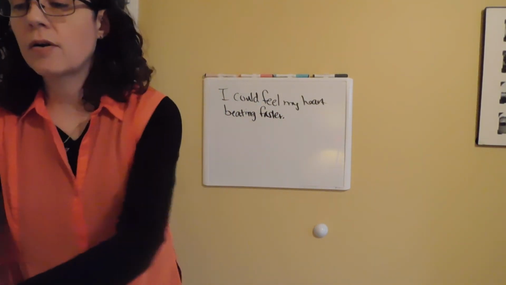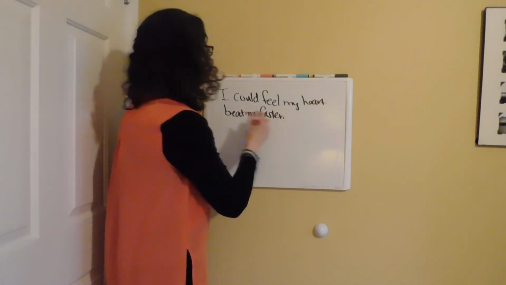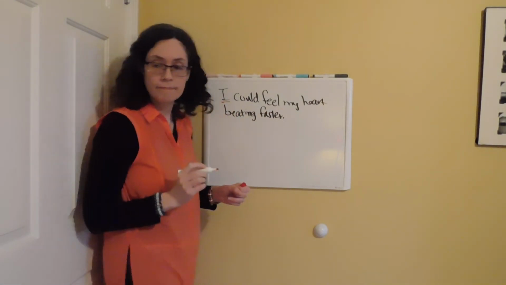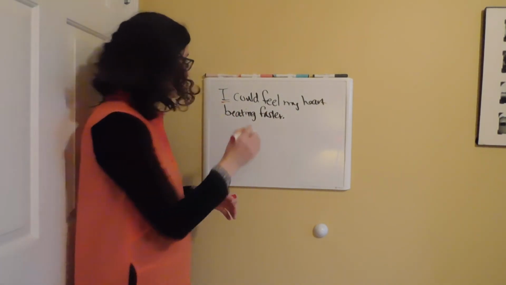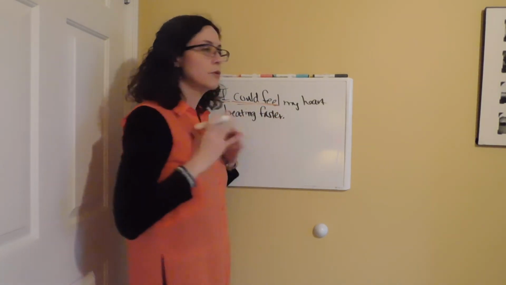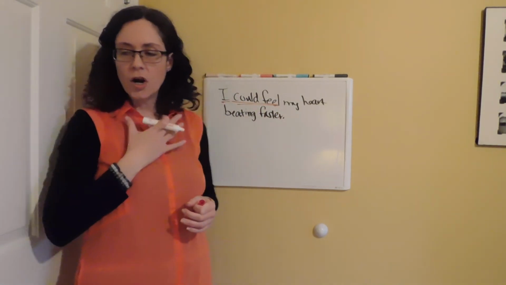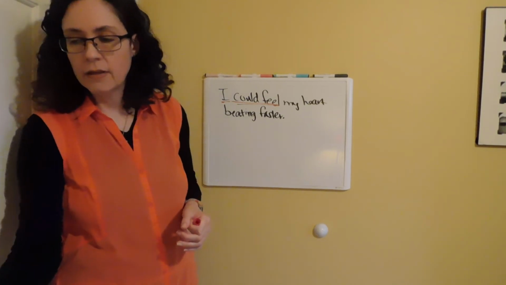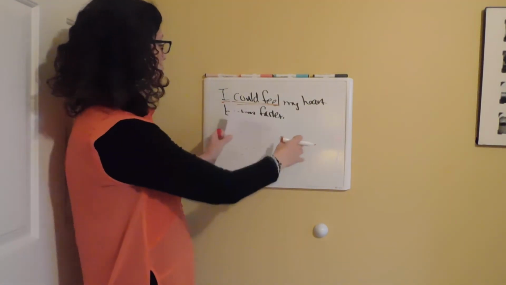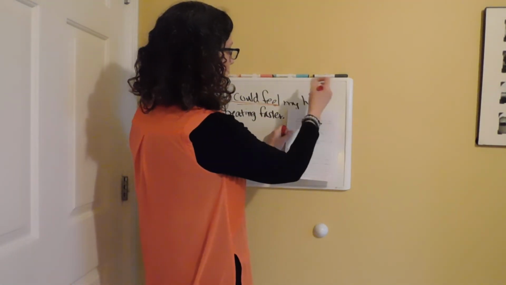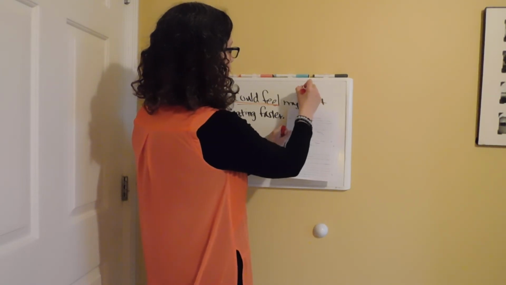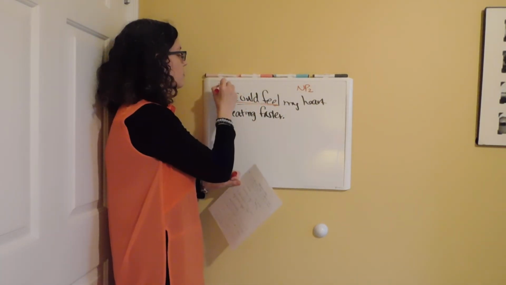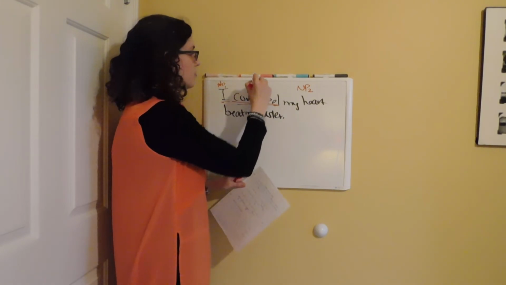I could feel my heart beating faster. Subject, I. Verb, could feel. What could you feel? Well, you felt your heart. All right? So, the my heart part would be noun phrase 2, because the I is noun phrase 1, and this is your verb.